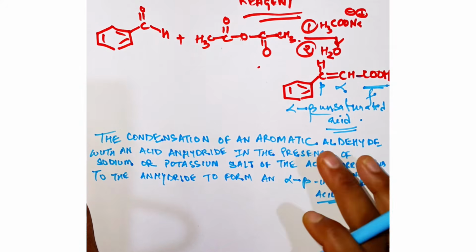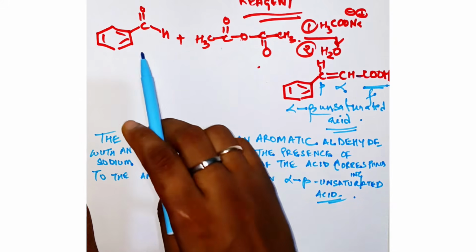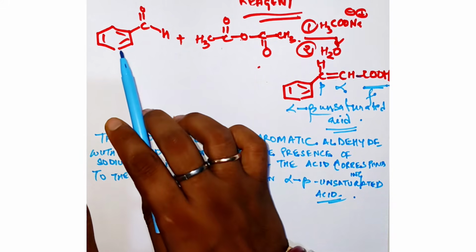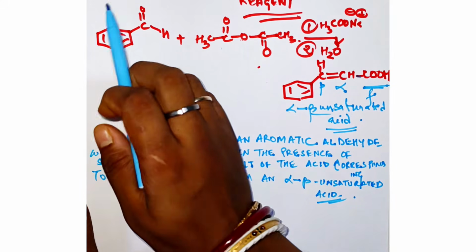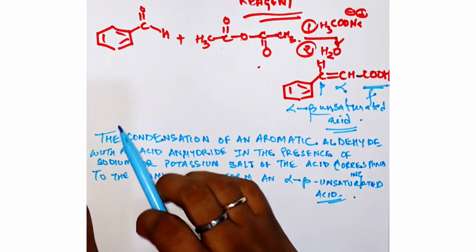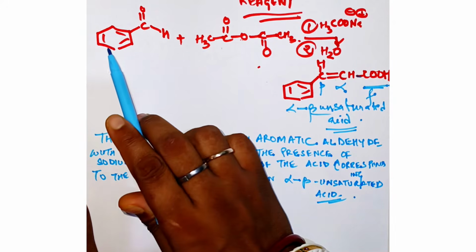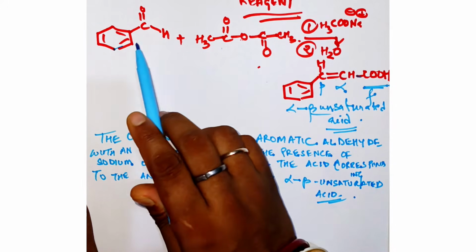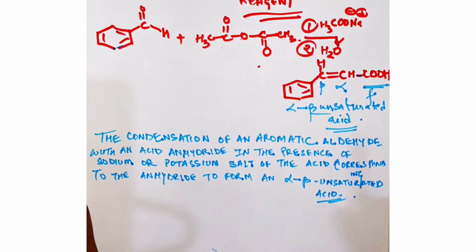You may not always get simple benzaldehyde; it can be some other aromatic aldehyde, with chlorine or another ring on it. In such complex cases, ring closing reactions take place in condensation reactions. So this is very important.